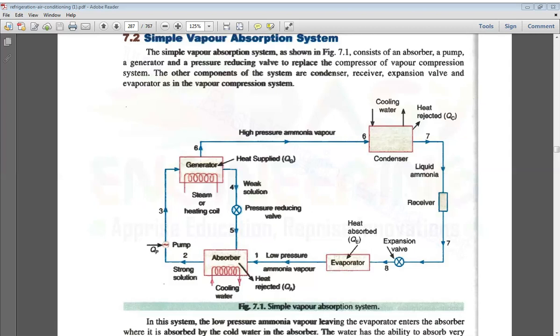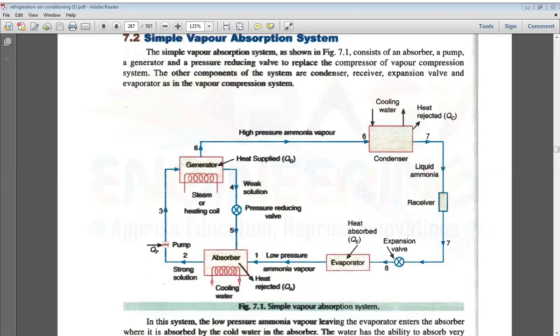The vapor refrigerant leaves the generator. Any absorbent, that is H2O, leaves the generator as a hot weak solution and passes through the pressure reducing valve.